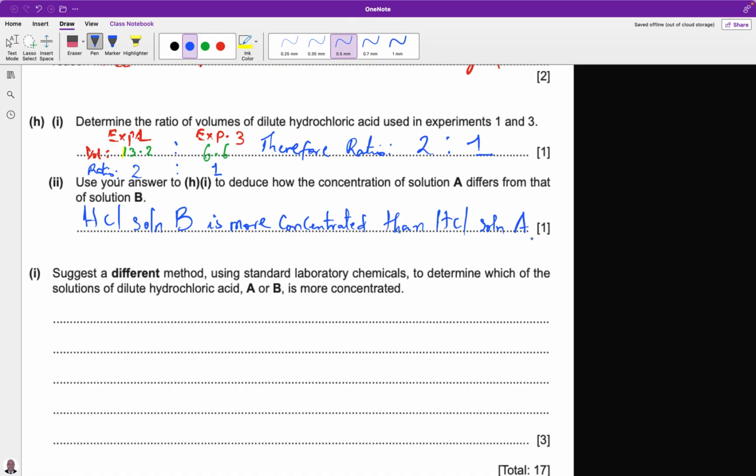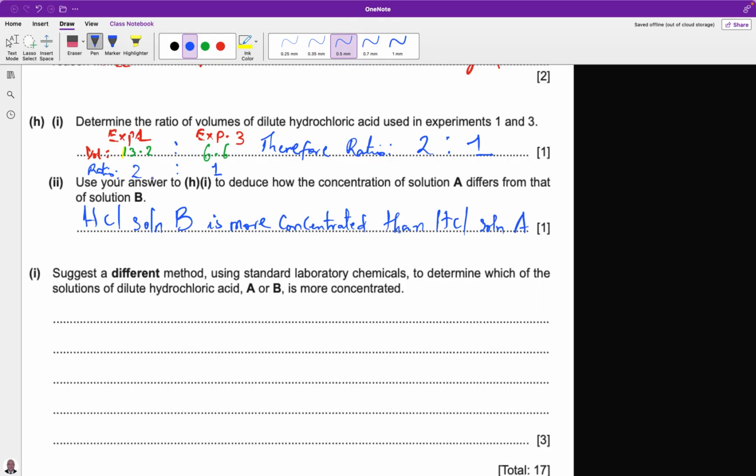Once more, the more the volume of the acid required for an endpoint, it therefore means that acid solution has a lower concentration. But if just a small volume of an acid is required for an endpoint to be attained, we therefore say that acid has a higher concentration.